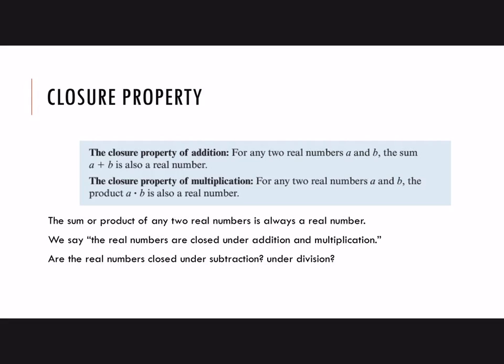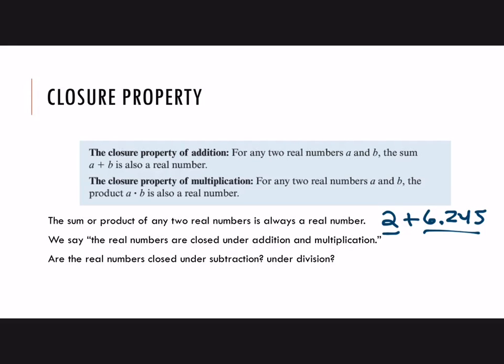We say the real numbers are closed under addition and multiplication. Under means using that operation. So if I had 2 plus 6.245, without even doing that addition, since I know that 2 and 6.245 are real numbers, I know that the answer will also be a real number.